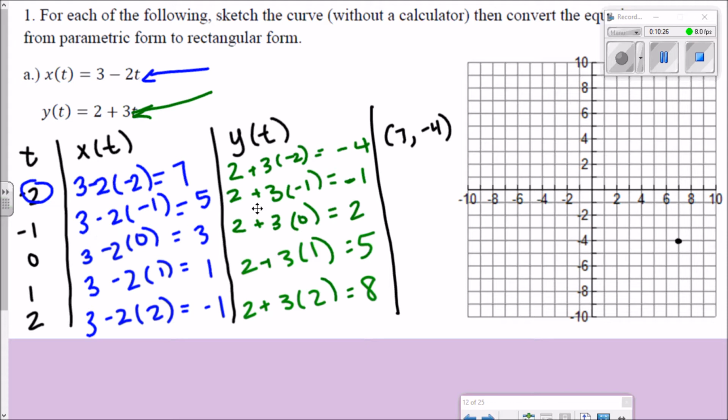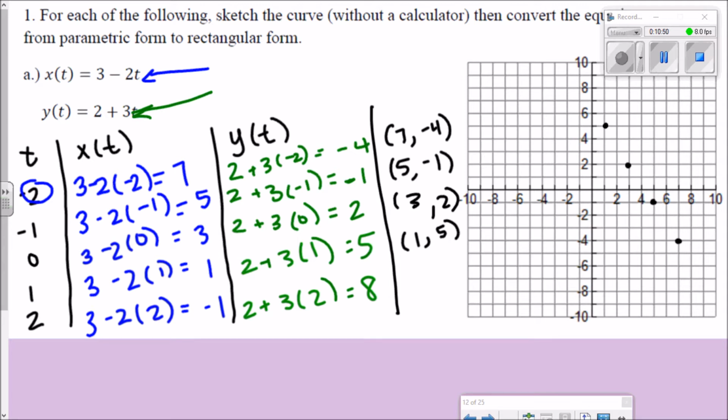Next one is going to be 5, -1. Again, I'm just taking my x's and my y's to create new points. Next one is 3, 2. Next one is 1, +5.